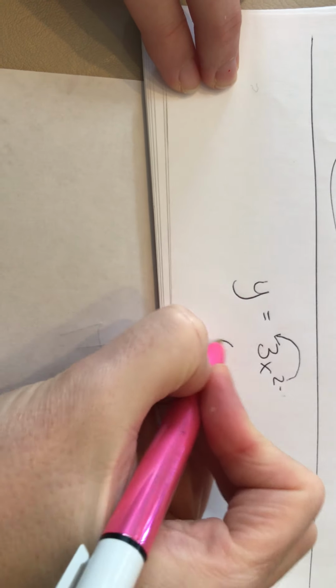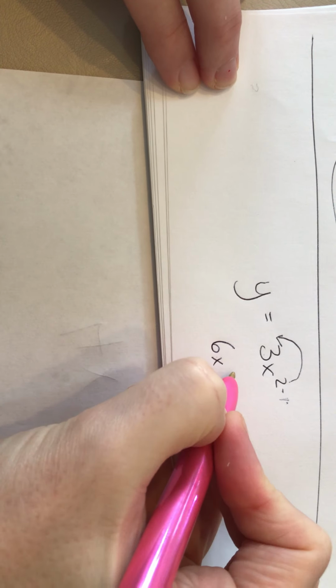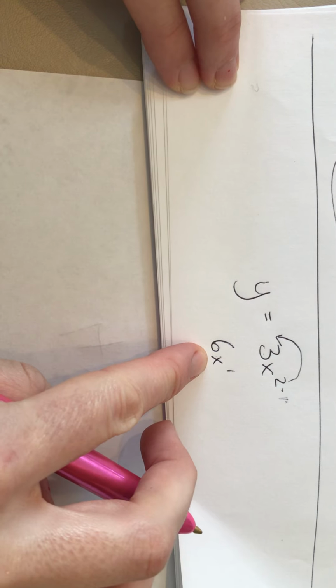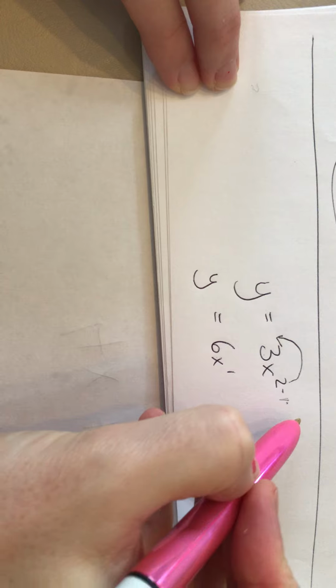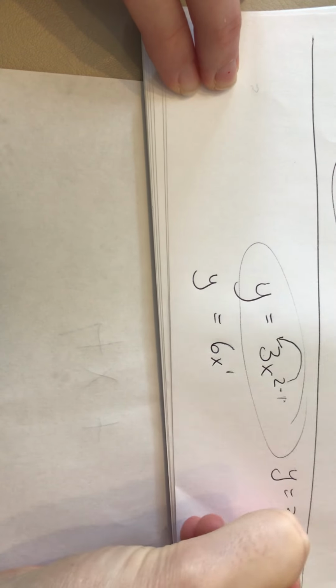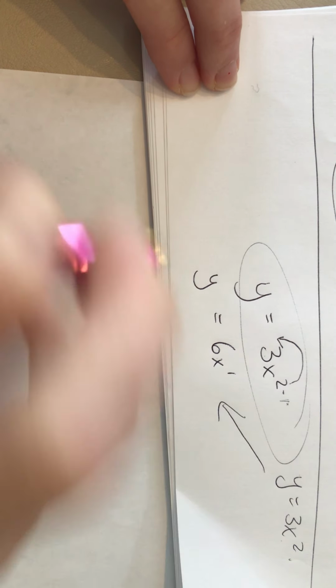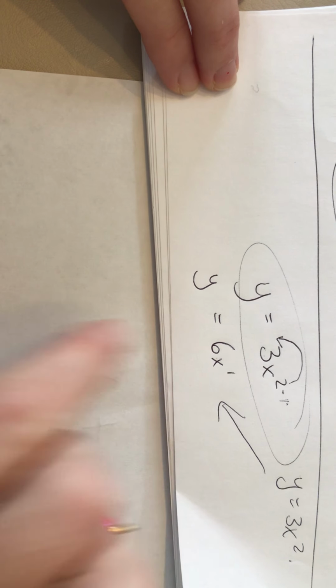So 2 times 3 is 6, and I subtract 1 from the original power. 2 minus 1 is 1. So you could write that as 6x to the power 1, or just 6x. If this was the formula for distance, the original function 3x squared, then now here's your new formula for speed. If this was your formula for speed, this would be your formula for acceleration.